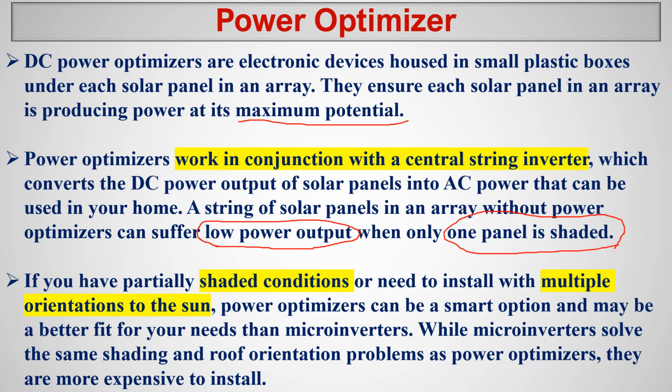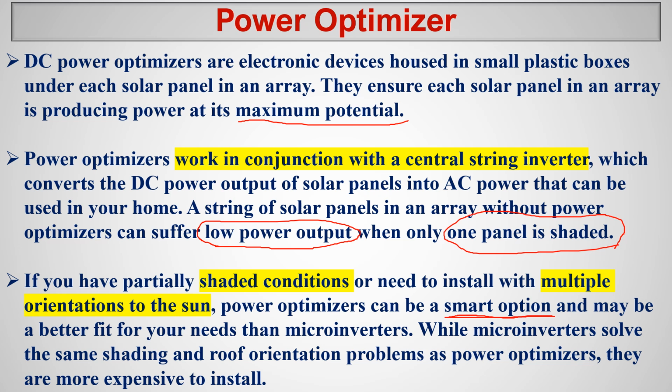So if you have a partially shaded condition or need to install with multiple orientations to the sun, a power optimizer can be a smart option. If you have a roof and sun orientation problem, then it's good advice to go for a power optimizer.